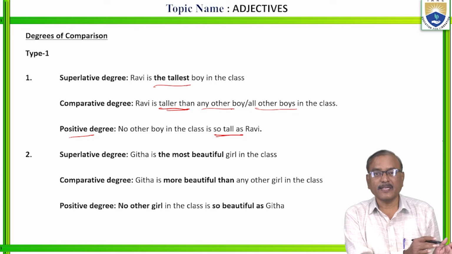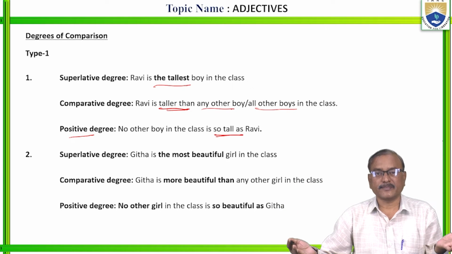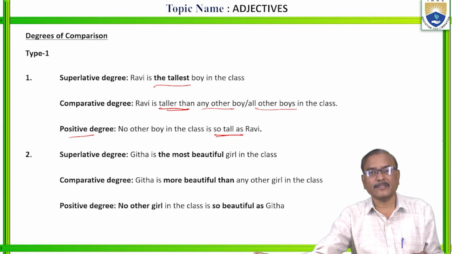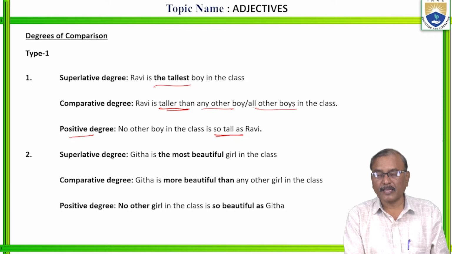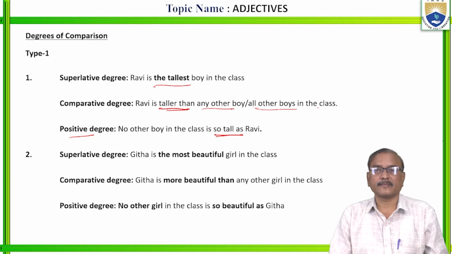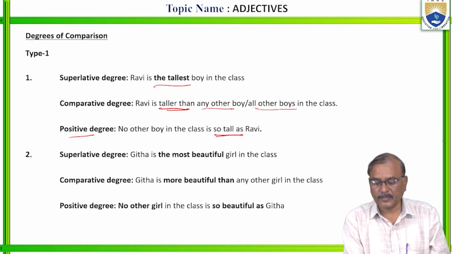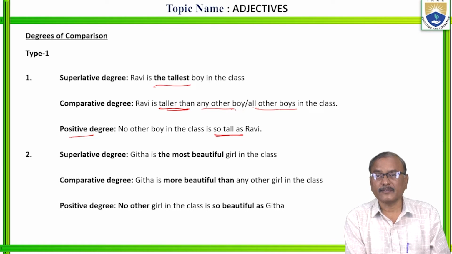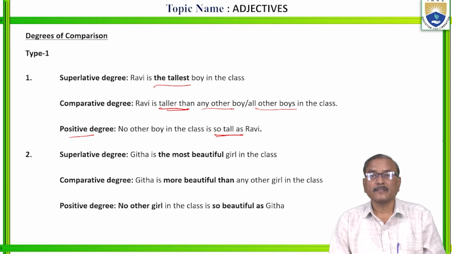So Ravi is on one side, all other boys on the other side. Two identities, two sets. Is it clear? You can say any other boy, or all other boys in the class. Don't forget to remember: all other boys, any other boy, singular. Right?